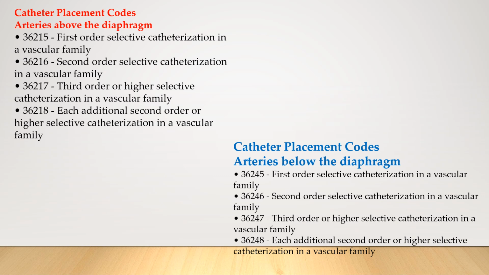Whenever the vessels are below the diaphragm, the code range is from 36245 to 36248. If this concept is clear, then it is easy for you to eliminate the wrong options. First of all, you need to find out whether that vessel is above the diaphragm or below the diaphragm, and that takes away a lot of wrong options and makes it easy for you to answer.